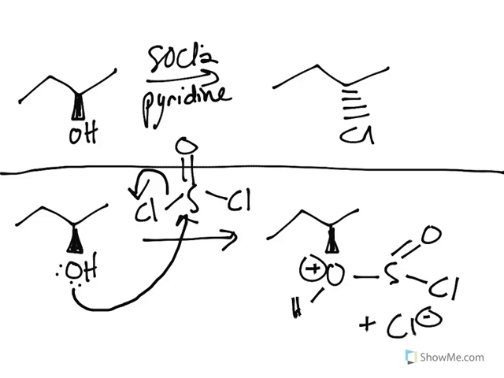So we have retention of stereochemistry. Why is that? Because we aren't breaking any bonds. We are not doing anything to that bond right there. That bond is staying put. Oxygen is the one attacking the sulfur. So we are not breaking that bond, therefore you don't do anything with stereochemistry here.